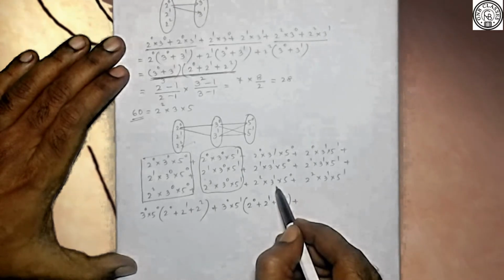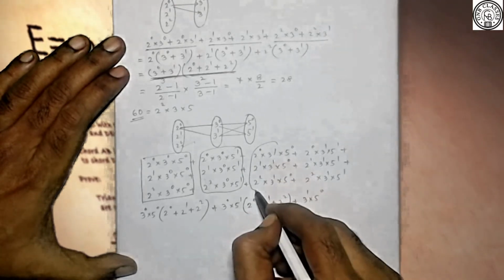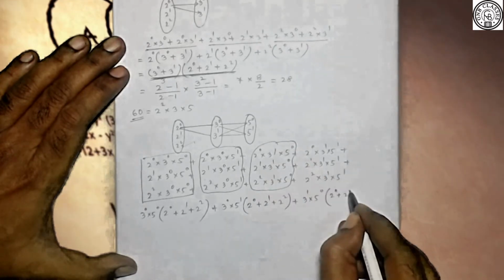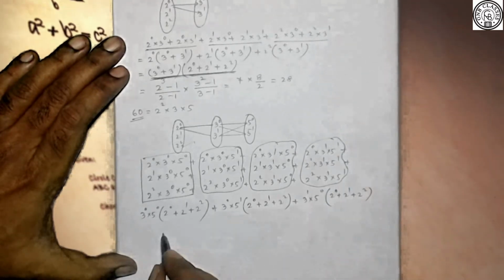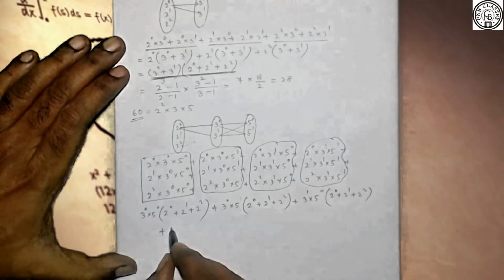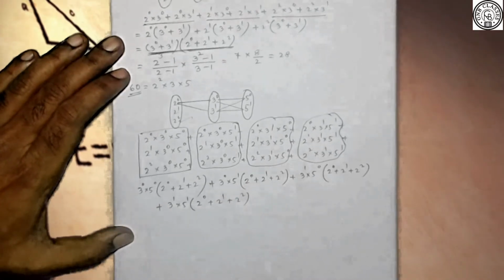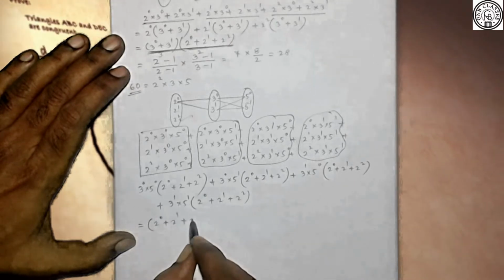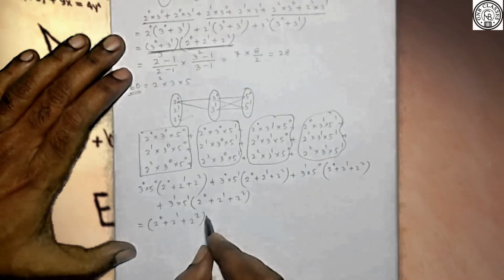Again we are taking 3 to the power 1 into 5 to the power 0 common from these 3, and again 3 to the power 1 into 5 to the power 1 common from these 3 terms, these 3 divisors. So we are left with this. Now if I take 2 to the power 0 plus 2 to the power 1 plus 2 square common, we are left with this.